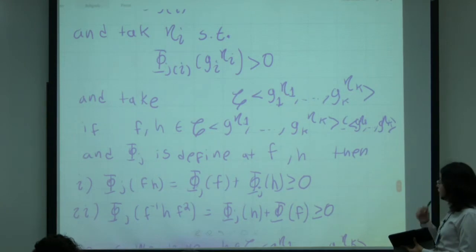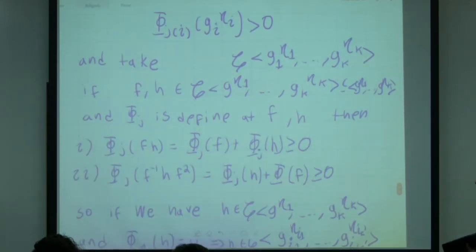So first of all, there are two properties.